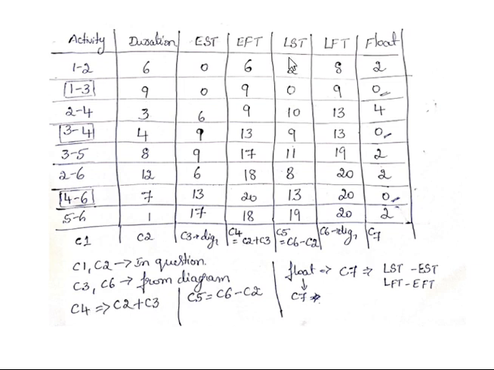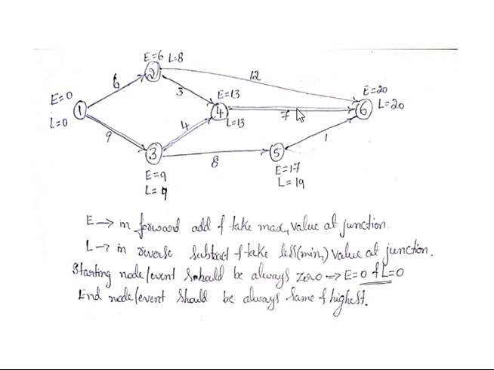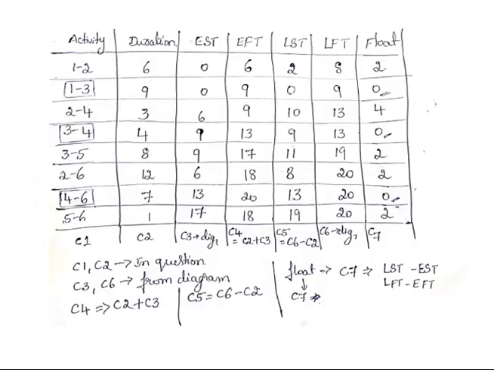Then column 5 is the latest start time and column 6 is the latest finish time. First we calculate the latest finish time by looking at the diagram. Activity 1 to 2 is going to finish at 2, which has an L value of 8. That becomes the latest finish time, so this will be 8.